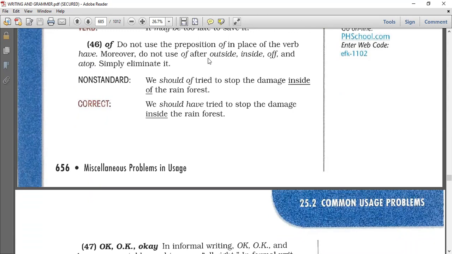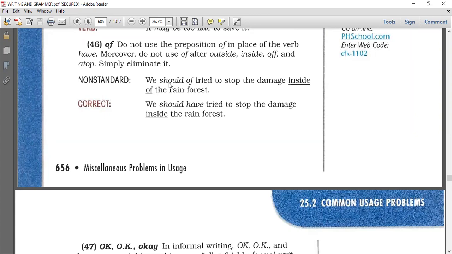So again, do not use of instead of have, or after outside, inside, off, atop. Simply eliminate it. Like the example here: we should have tried. We should have, not of. But in spoken English, people say "we should have tried," and instead of have, we put a, and some people make it of.